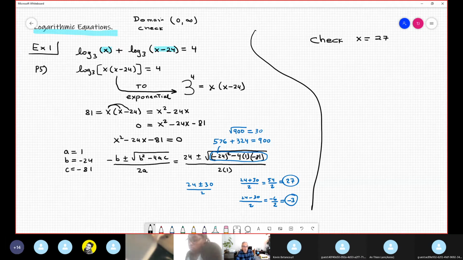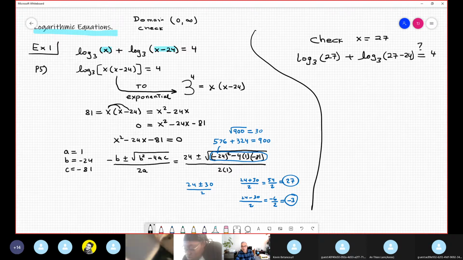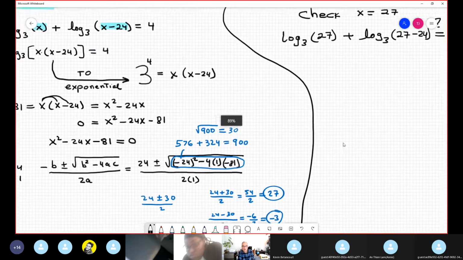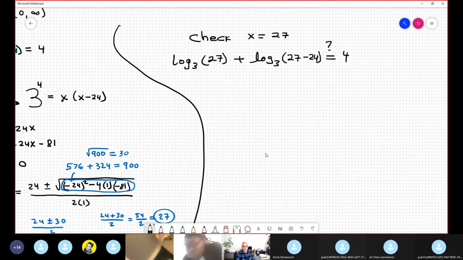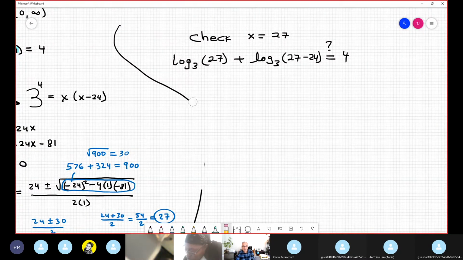I'm plugging into the original equation: logarithm base 3 of 27 plus logarithm base 3 of 27 minus 24 should be 4. I need to prove this statement. Okay, let me zoom to see that part much better. Okay, let me erase this.